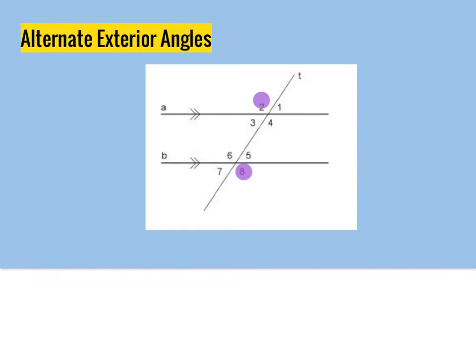I have one more set of alternate exterior angles in this diagram. I have angle 1 on the outside of the parallel line. I have angle 7 on the outside of the parallel line. And they are alternates. They are on either or opposite sides of the transversal. Again, alternate exterior angles are equal to one another.